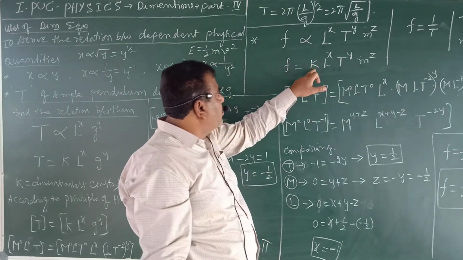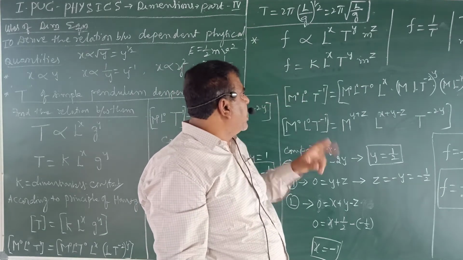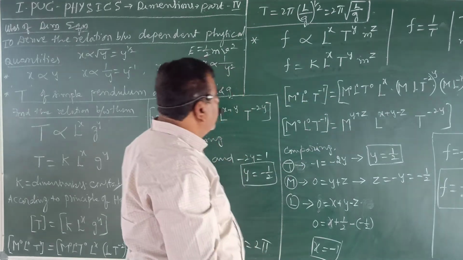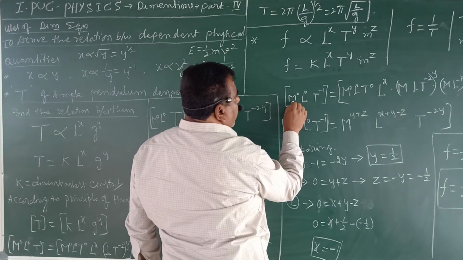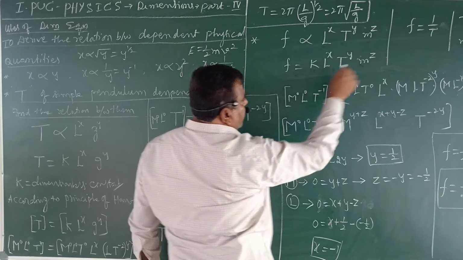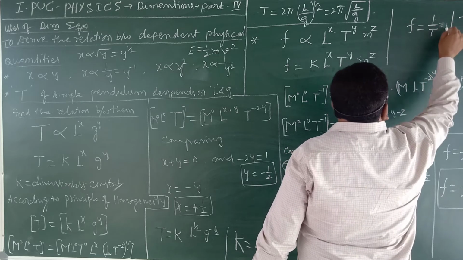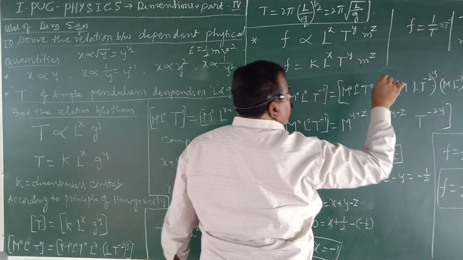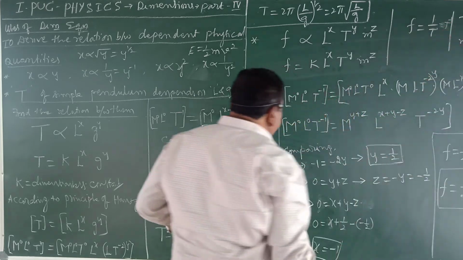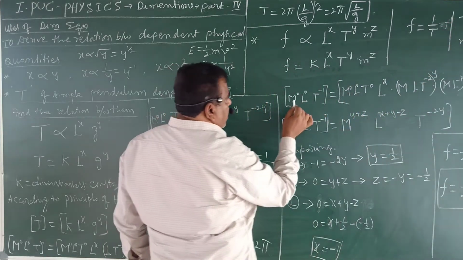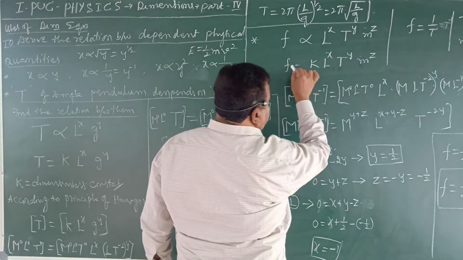Again, if I remove the proportionality sign by introducing a dimensionless constant, I will get this equation. If I substitute dimensions, the dimensional equation of frequency means reciprocal of time period, so T goes to the numerator with power -1. The unit of frequency is per second or hertz. So the dimensional formula of frequency is M^0 L^0 T^-1.